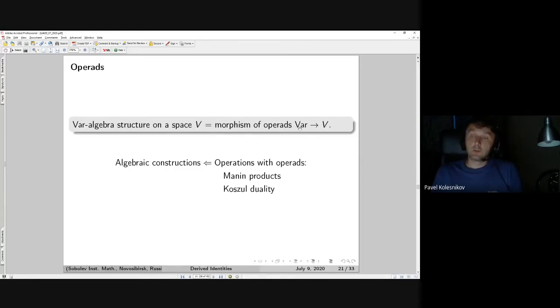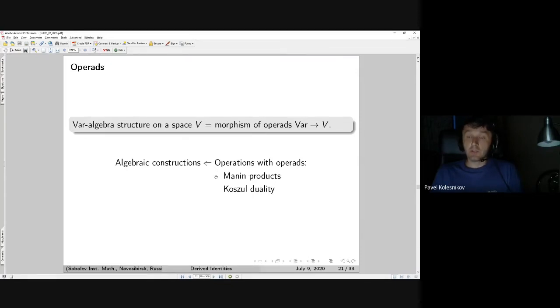So every term from Var_n gives rise to a multilinear function on V in a very natural sense. In order to define an algebra structure in such a way that the algebra obtained belongs to a variety Var, we have to define a morphism of operads like that. And there are many algebraic constructions that can be explained in terms of operations with operads.